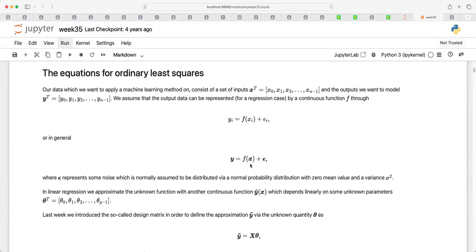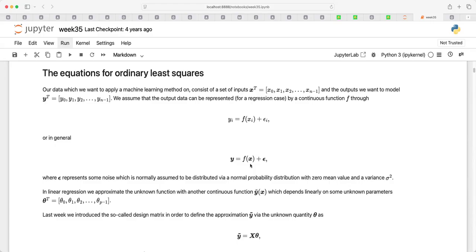And it's pretty common to make that assumption because suppose now that you are measuring the position of an object with the speed as input and time. Now, time and speed are variables which you control and you know exactly the value of them. So that means that your x's are well determined. This is the normal case in many experiments.